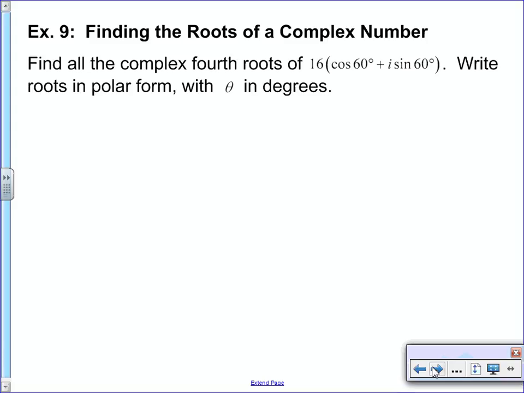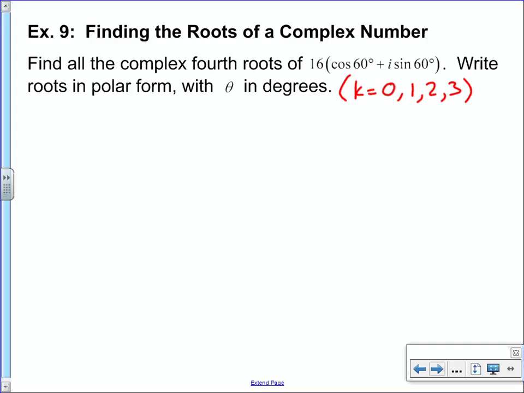Here we go. Find the fourth roots of that and write the roots in polar form with theta in degrees. Since we're finding the fourth root, we're finding k of 0, 1, 2, 3. That's 4 roots.